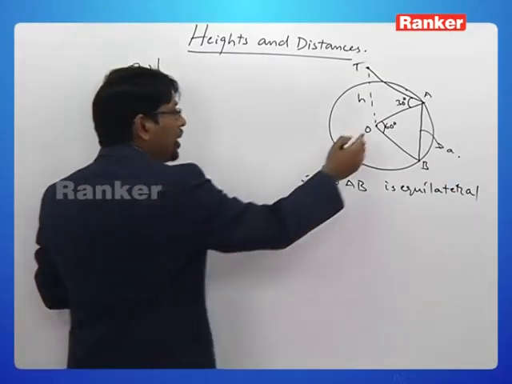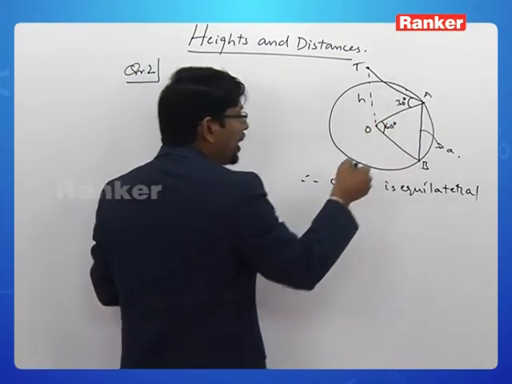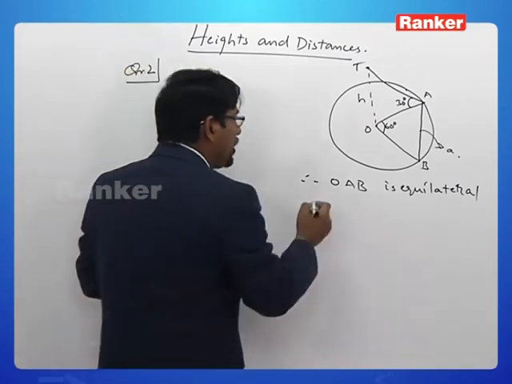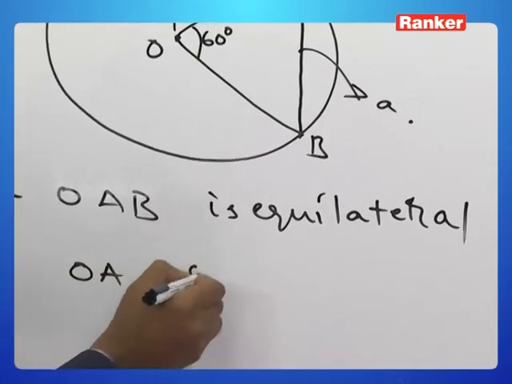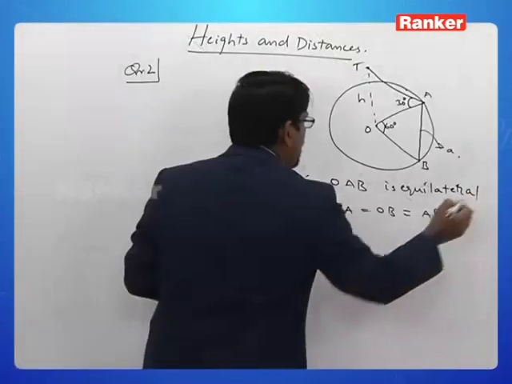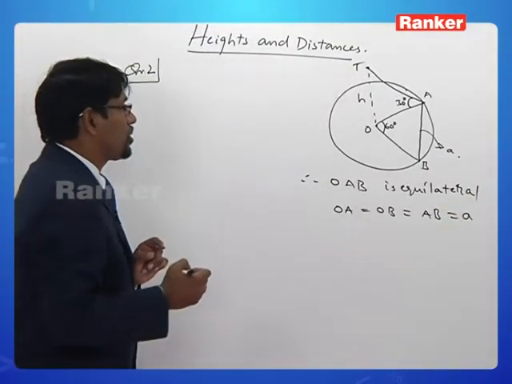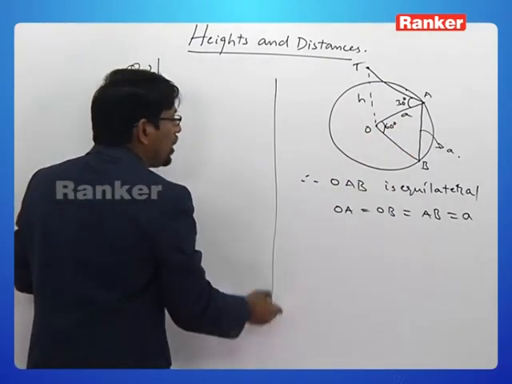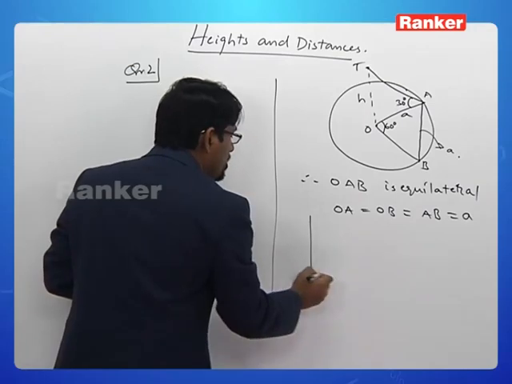So OA length is equal to OB, and the angle included between them is 60, so it has to be an equilateral triangle. Therefore, we can say that OA is equal to OB is equal to AB, and what is AB given to be? a. So this is small a. And now we have a situation like this.